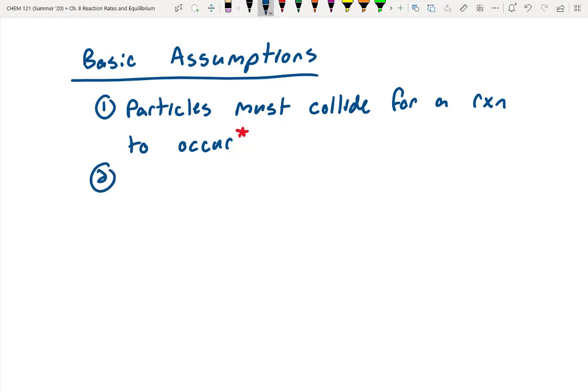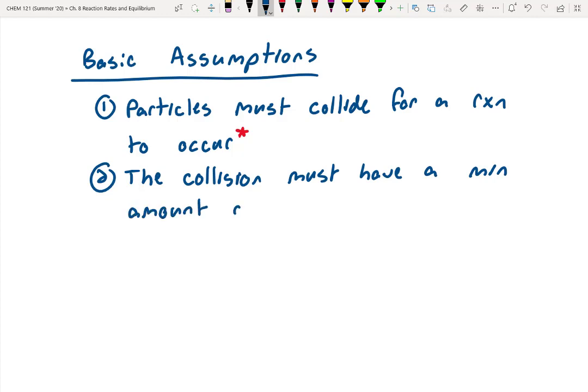And then number two, the collision must have a minimum amount of energy. If there's not enough energy, really the reaction's not going to occur. They're just going to glance off of one another. So it needs to have a minimum amount of, let's put total energy in here, and I'll actually describe what that is here in a second.